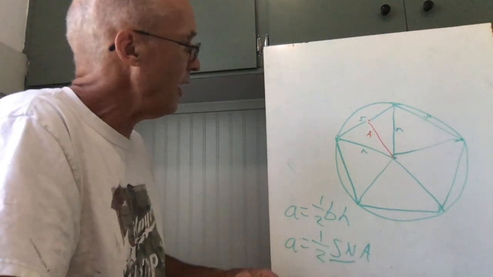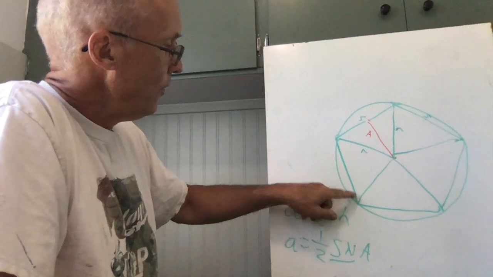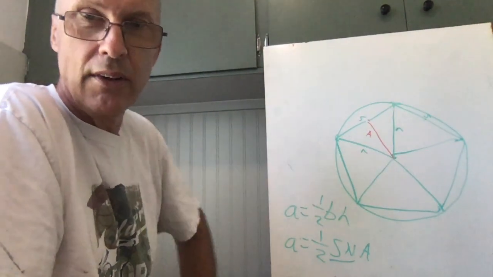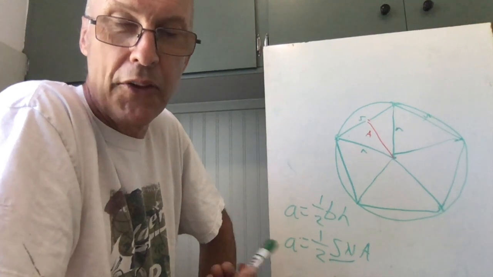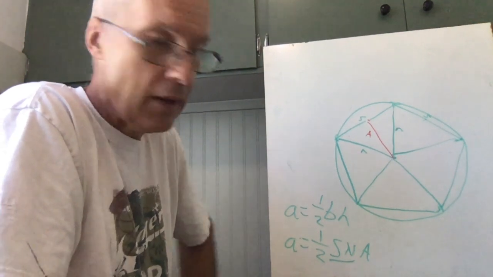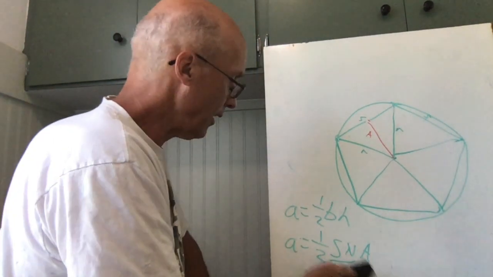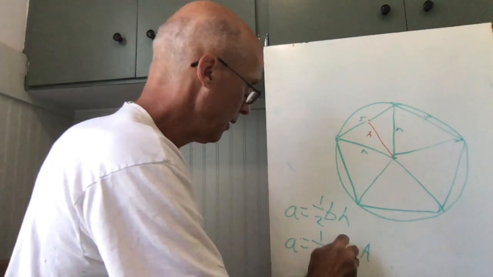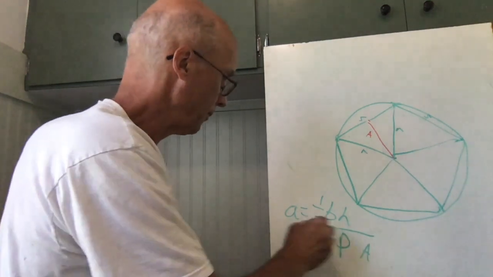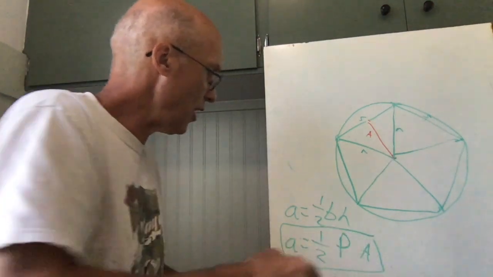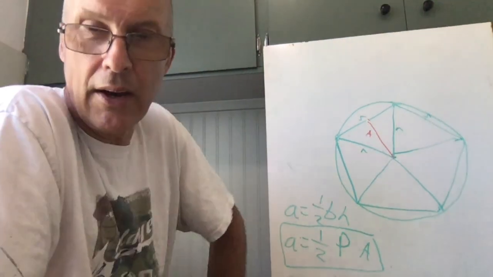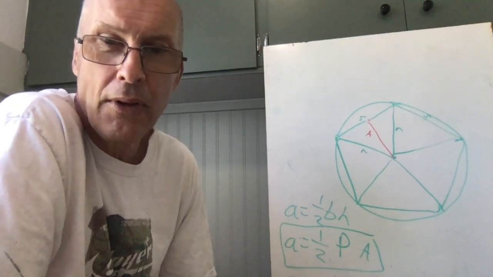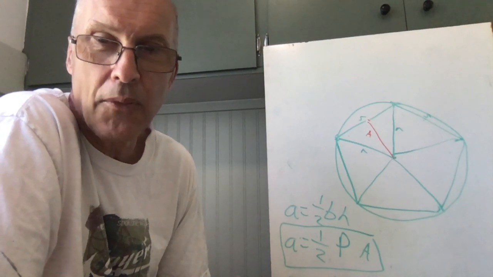Do you see that the length of the side times the number of sides has another name? That's called the perimeter, right? So in general, the area of any regular polygon is going to be 1/2 times the perimeter times the apothem.